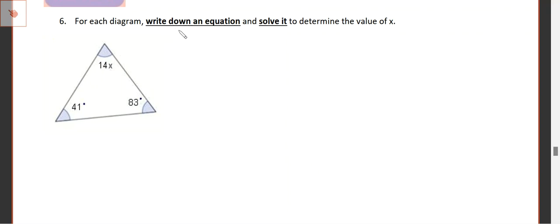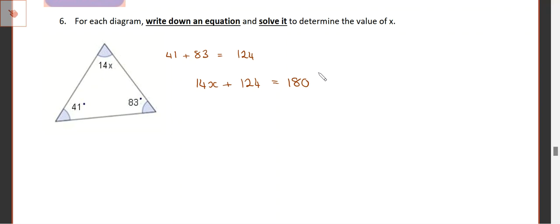Now, a lot of people didn't quite write down the equation. I accepted lots of versions, like, well, if you worked out, for instance, that 41 plus 83 is 124, I'd then be looking for 14x plus 124 equals 180. So that's writing the equation. So for a lot of you, I've written that by the side. That's the thing you were missing.